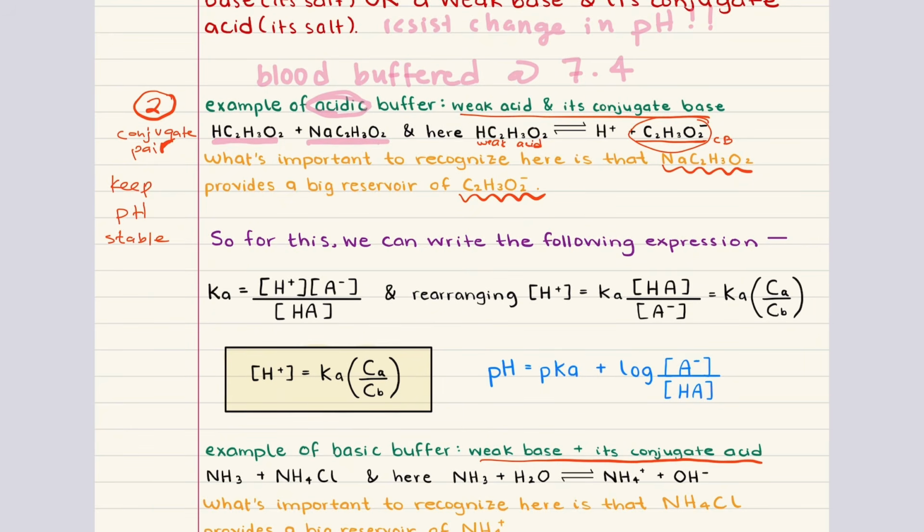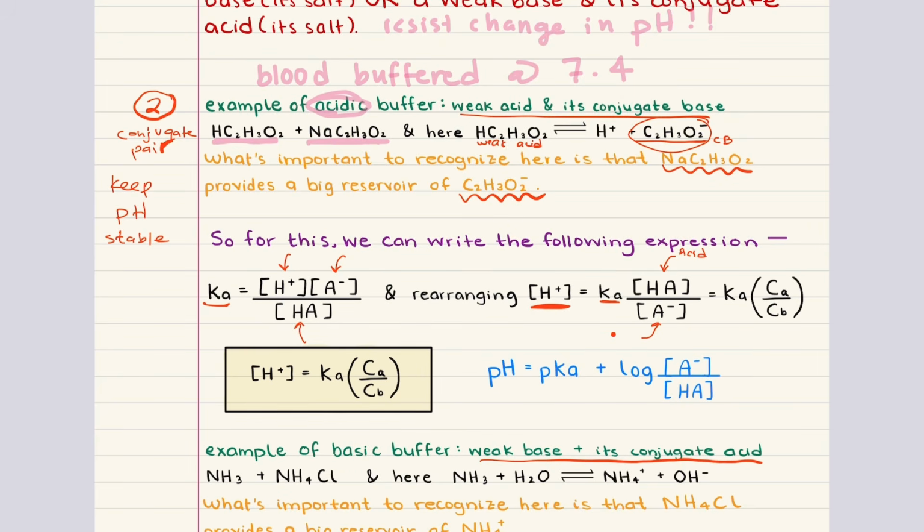For the weak acid, Ka equals the concentration of hydronium ions times the concentration of the conjugate base divided by the concentration of the acid. Rearranging gives us an expression for the hydronium concentration in the buffer solution. Hydronium equals Ka multiplied by the ratio of acid concentration to base concentration.